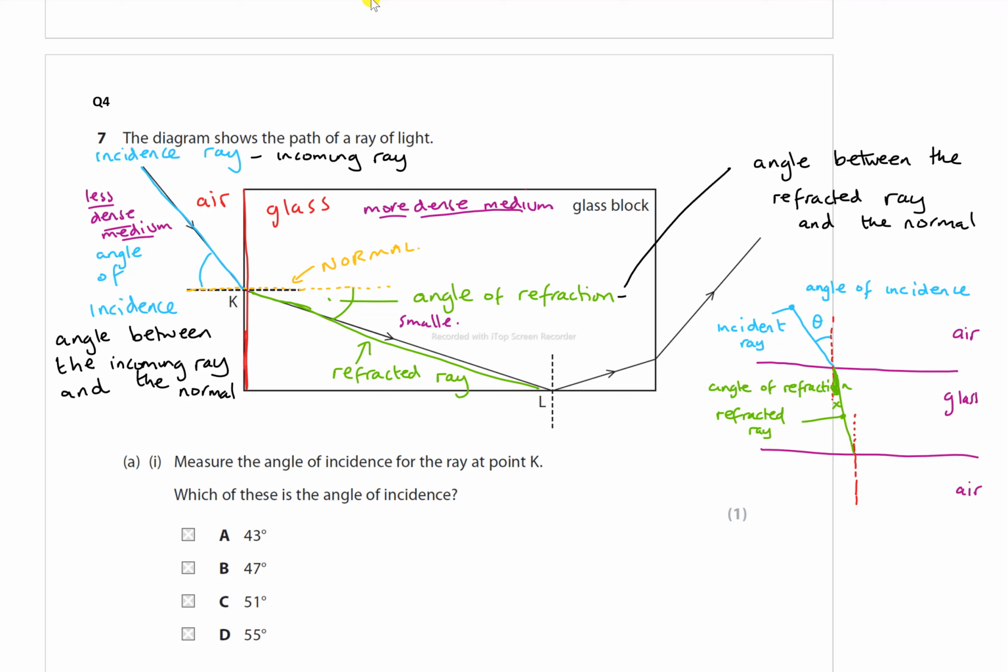Right, and then when it comes, what color? Let's use that one.